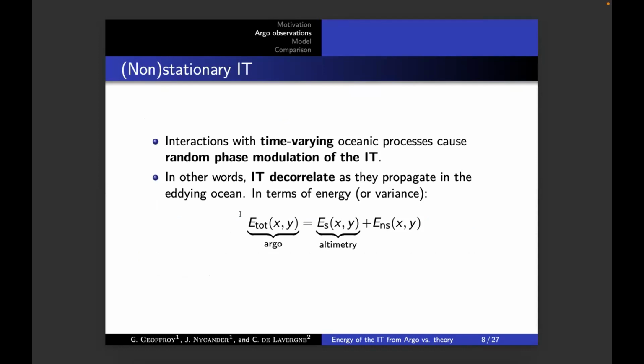Altimetry can only pick up the component of the wave field that remains phase-locked with the astronomical forcing, so it misses a fraction of this energy. At any given point, one could decompose the wave field into a stationary fraction that is phase-locked with the forcing, and a non-stationary fraction that is subject to this phase modulation. Where Argo is interesting is that it picks up the total energy field, which is the one that will actually dissipate in the end.